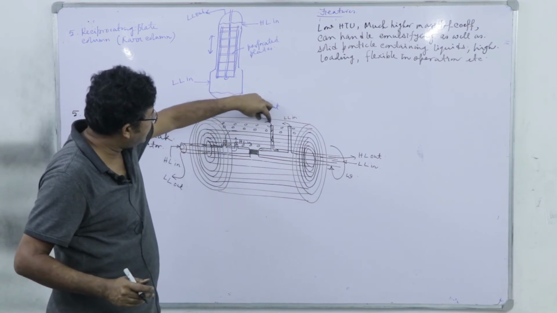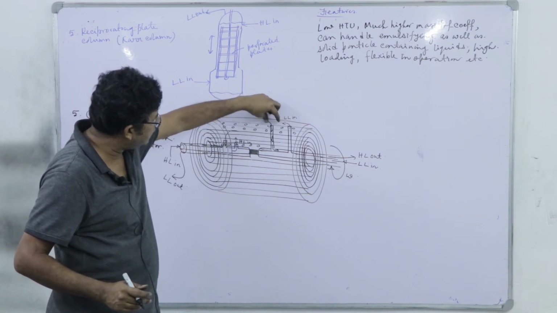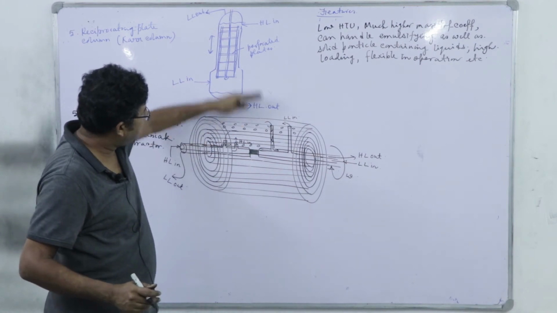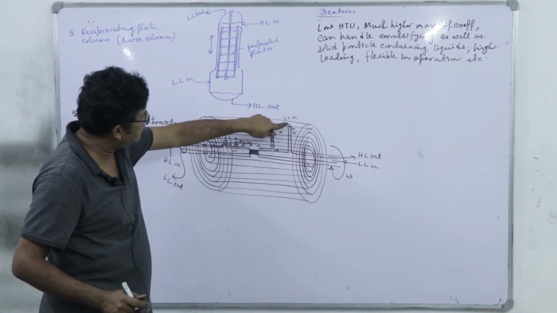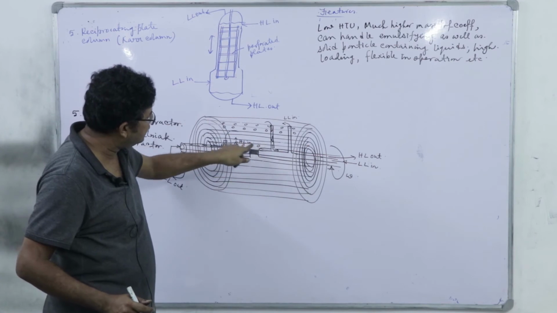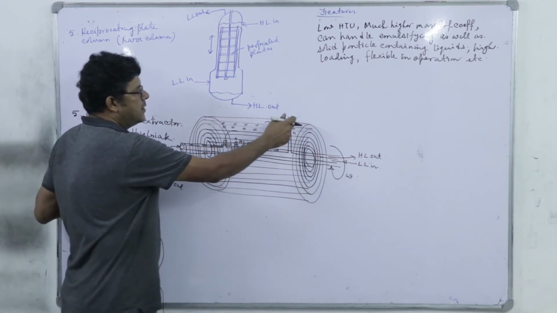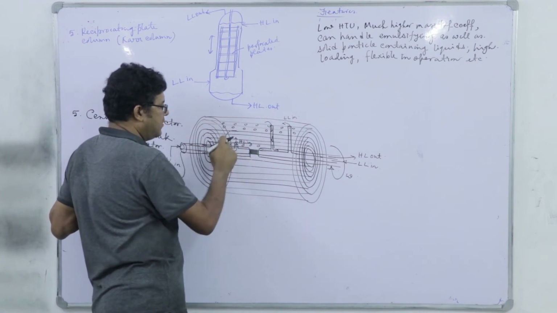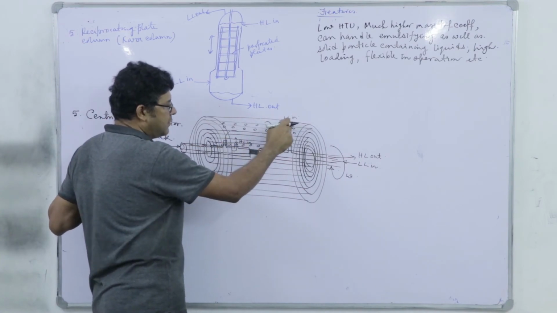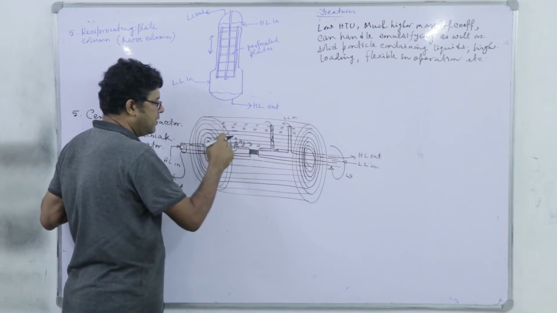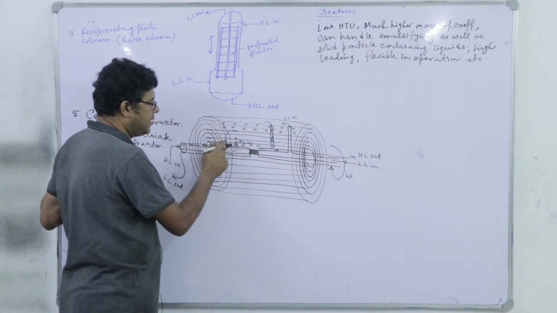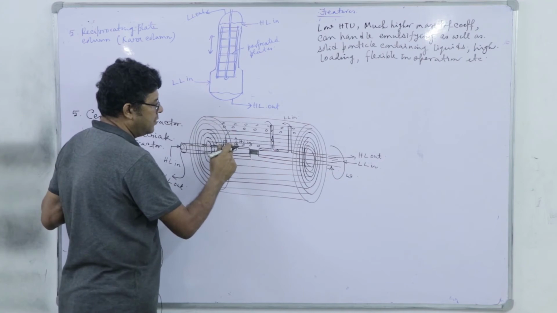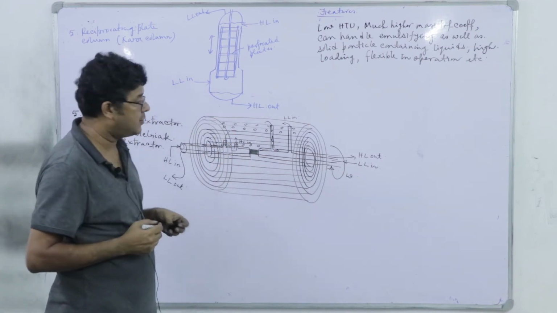So the heavy liquid will accumulate and try to move towards the peripheral region, displacing the light liquid which will move to the central region. So the inlet of the light liquid is in the peripheral region, whereas its outlet is through the central region, and just the opposite for the heavy liquid, right.